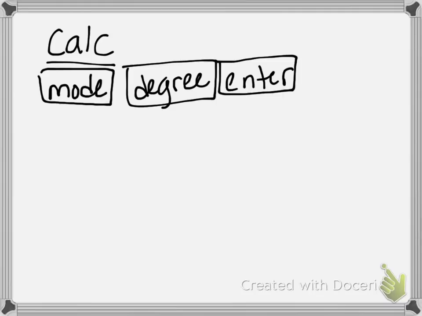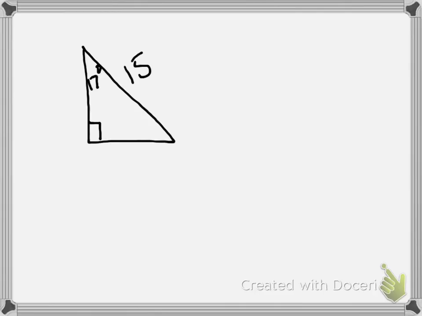Alright, so if you need anything from the screen, go ahead and get it. Okay, so we're going to start our first trig function. And we're going to say this is 17 degrees. Let's say this is 15, and there's my x.